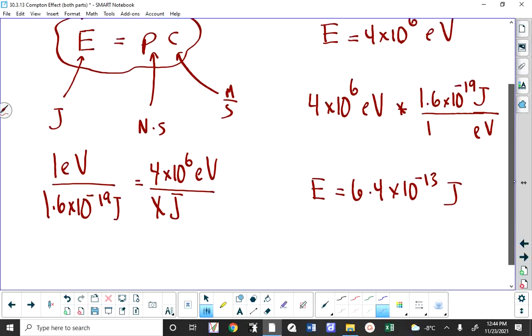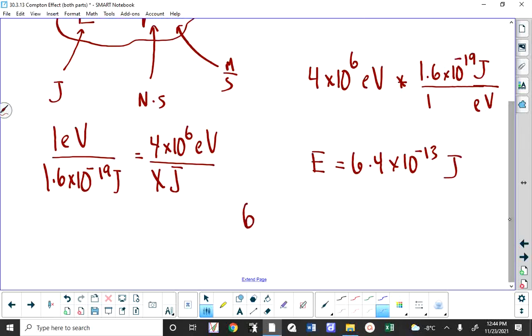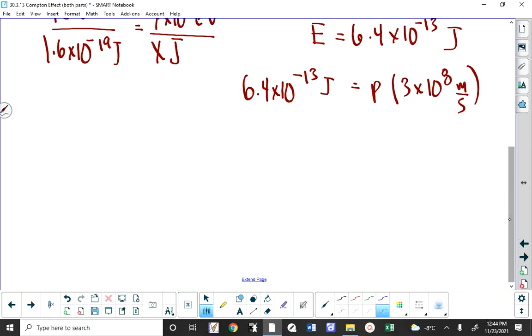Now we can use that formula in the top left of your screen. We can put the energy, 6.4 times 10 to the negative 13 joules, equals the momentum times the speed of light, which is 3 times 10 to the 8 meters per second. Now is not the time to start getting into why the units are going to give you the units of momentum.